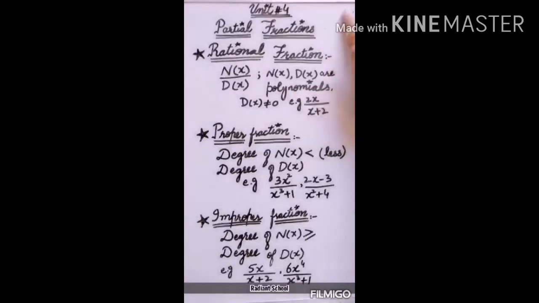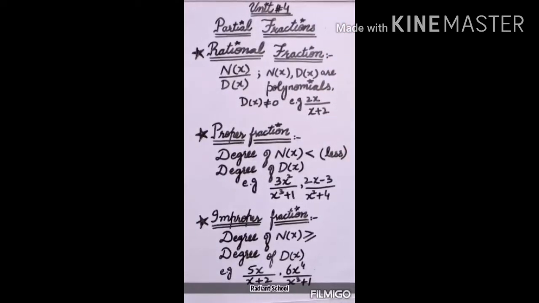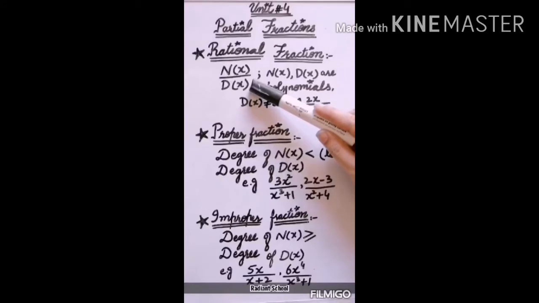In which N of x and D of x are two polynomials, means the expression that can be written in the form of N of x divided by D of x. Now students, the question will come to your mind: what is N of x, what is D of x?